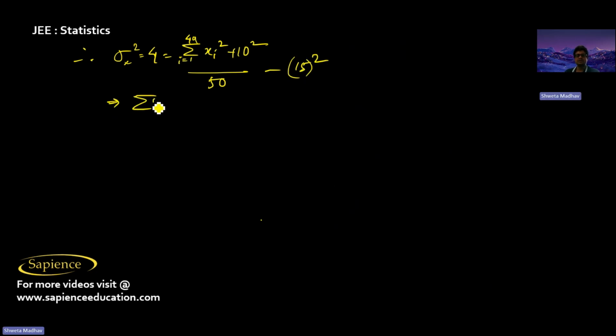Therefore, summation xi square, i goes from 1 to 49, will be equal to 4 plus 225, that is 229, into 50, minus 100.